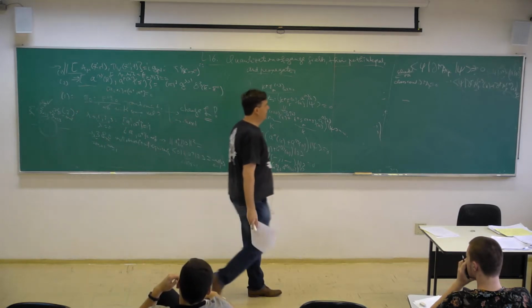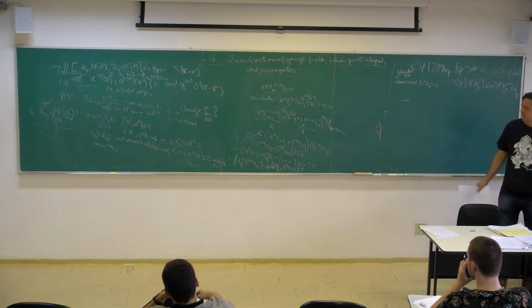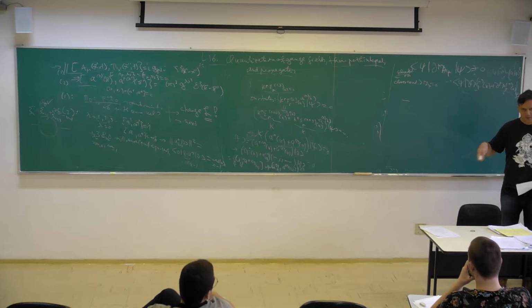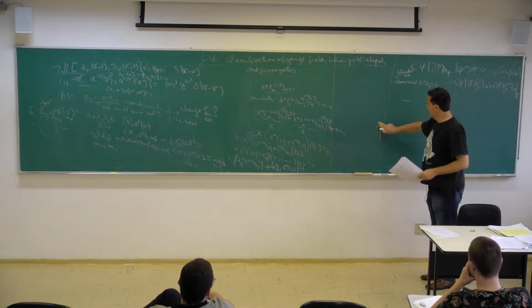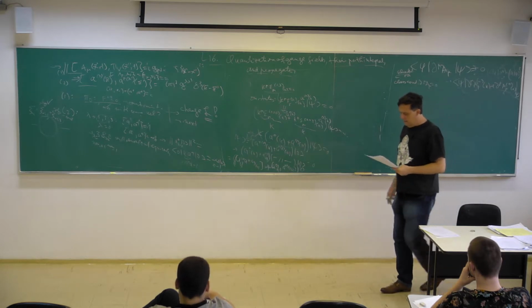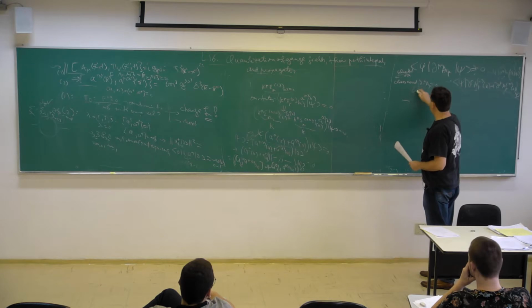Okay? So it's a good quantization from that point of view. I keep these unphysical modes, but they will cancel in quantum calculations. But there are other ways of quantizing.